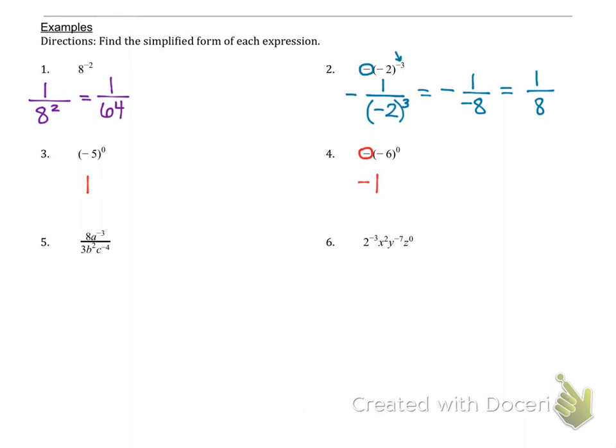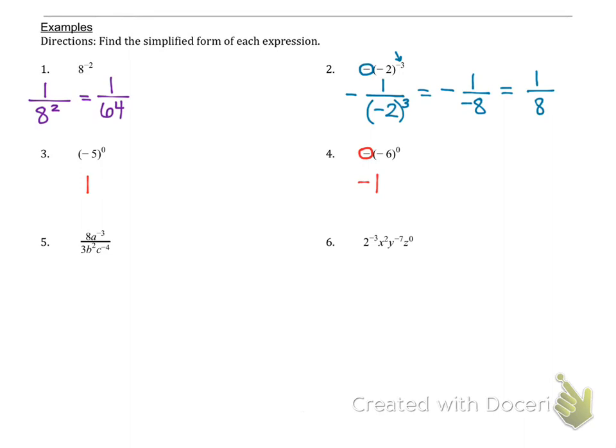Number 5. Now this one gets a little bit more tricky because there's more variables in here. Now remember, in order to simplify an expression, we need all of those negative exponents to turn positive. Now if we look at the top of the fraction, we have 8a to the negative third power.